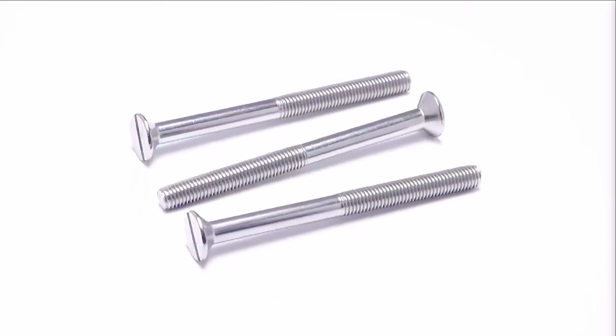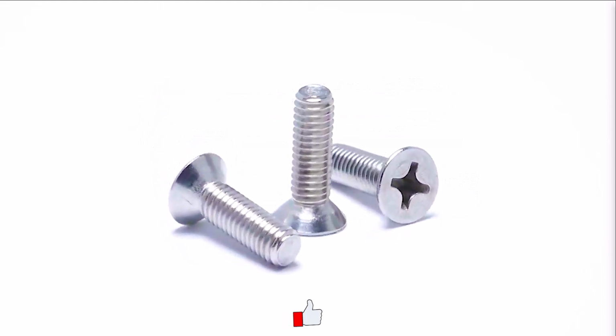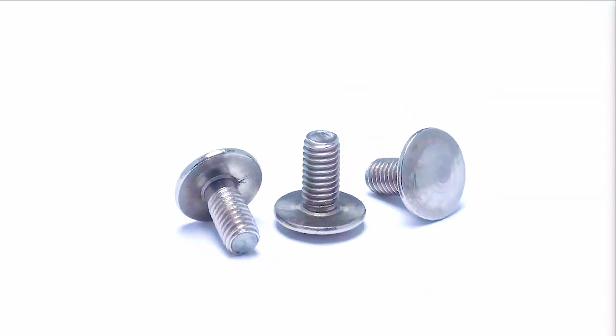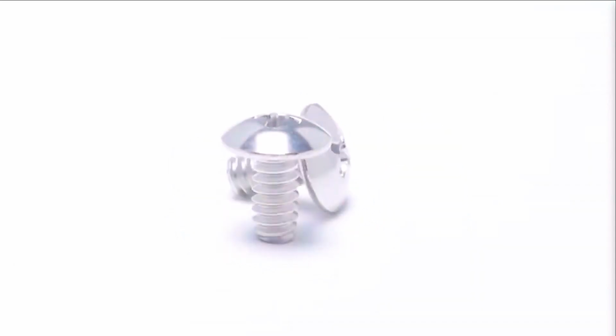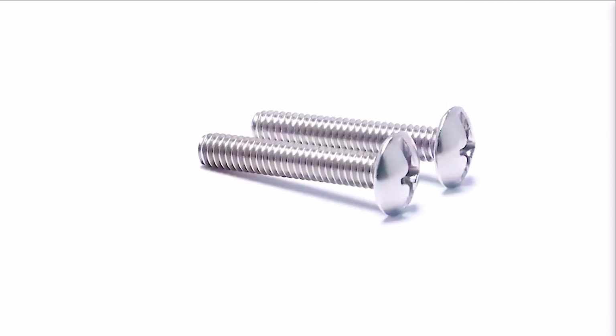Machine screw. Machine screws are a type of fastener that differ from other screws in that they do not drill through materials themselves. Instead, they are used in conjunction with pre-drilled and tapped holes, which have threads cut into them to accommodate the machine screw.